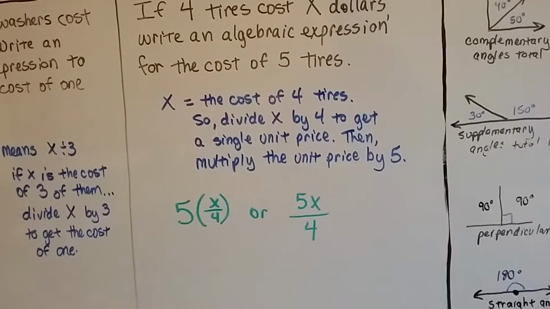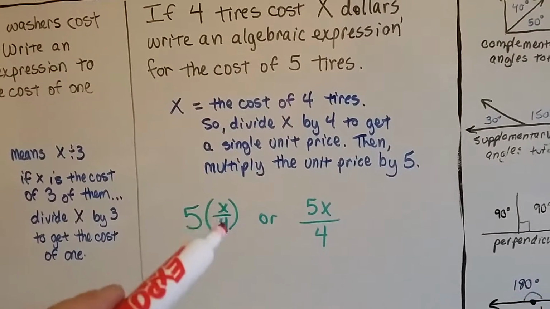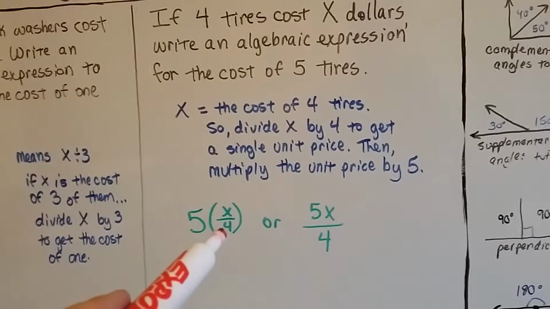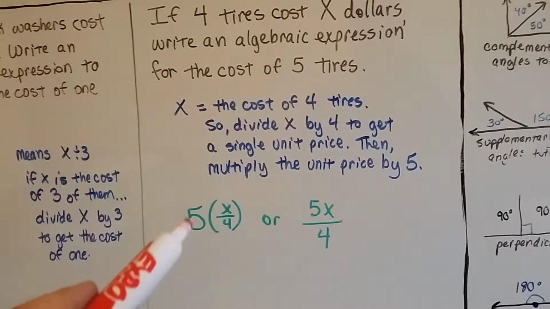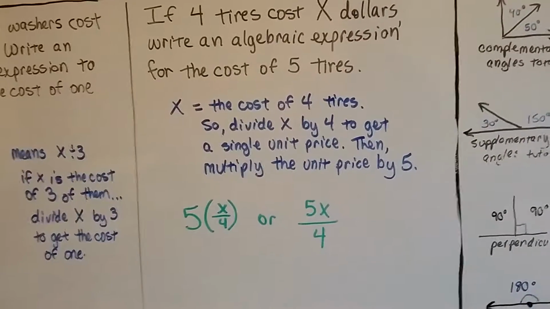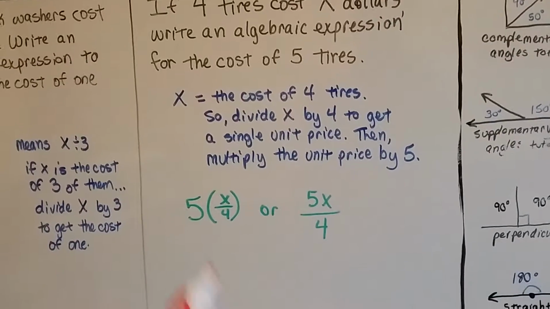That's exactly what we're going to do. X is the cost of the 4 tires, so we're going to divide X into 4 parts, see? Then we're going to get a single unit price. Then we're going to multiply that unit price by 5. We could also say 5x divided by 4.